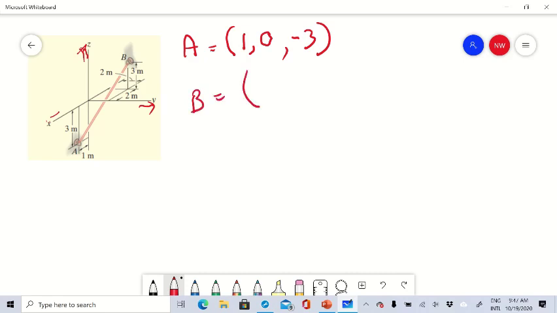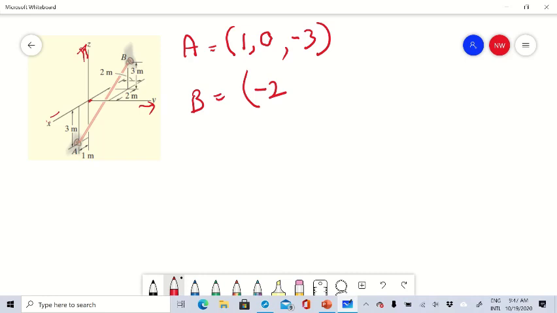So what is the coordinate of point B? The coordinate of point B is -2 in the x-axis, right? You can see this is our origin, so you should go 2 meters from the origin in the minus x direction, right?